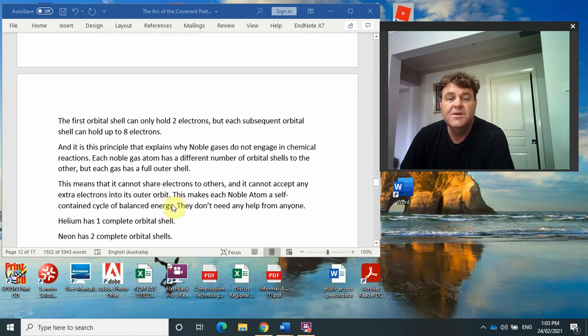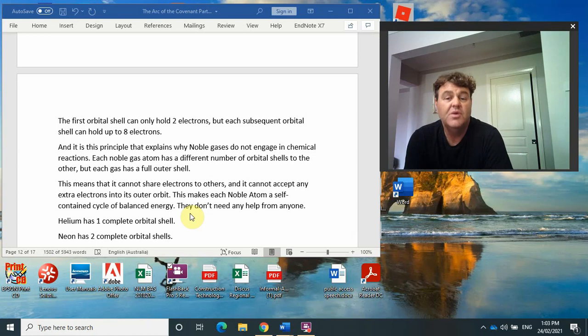The first orbital shell of every atom can only hold 2 electrons, but each subsequent orbital shell thereafter can hold 8 electrons. And it's this principle that explains why noble gases do not engage in chemical reactions.